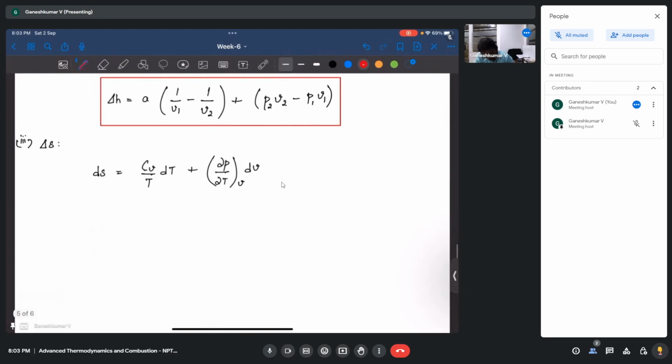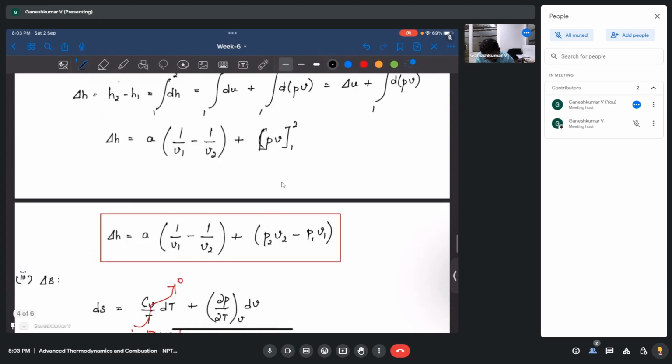Again, since it's an isothermal process, we can neglect this term. Isothermal, there is no dT term, so only this term will be left. What we need is delta S, which is S2 minus S1. This is the integral of dS from 1 to 2, which is equal to the integral from 1 to 2 of (∂P/∂T) at constant V dV.